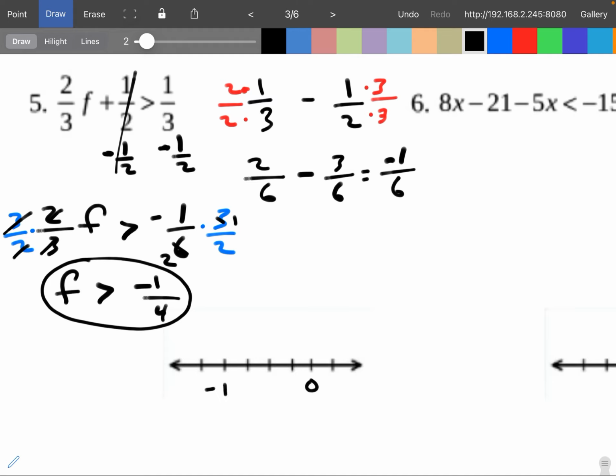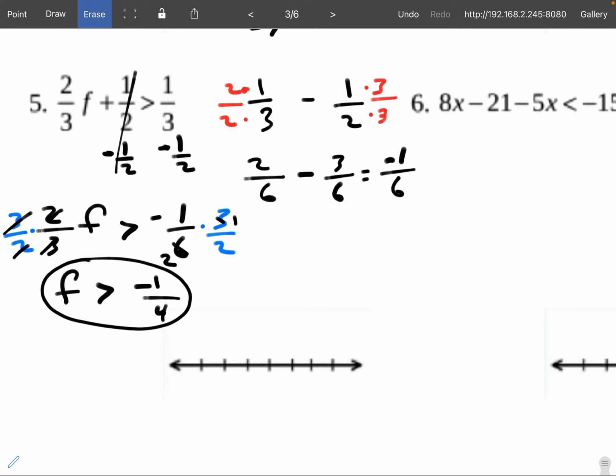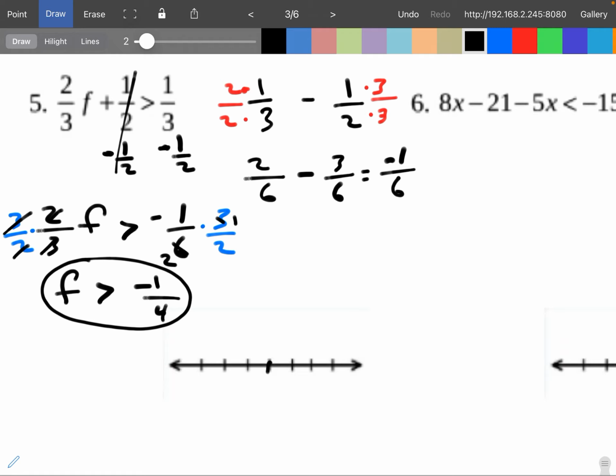All right, so let's graph that on our number line. Now in the book, they'd probably get fancy on this and call this 0, and then they'd call this negative 1, and then they'd say negative 1/4 is like right there. But we're not going to do all that.